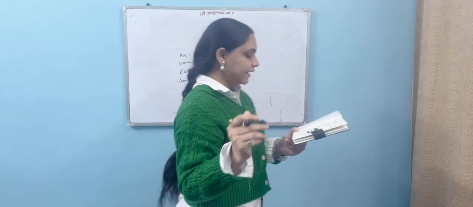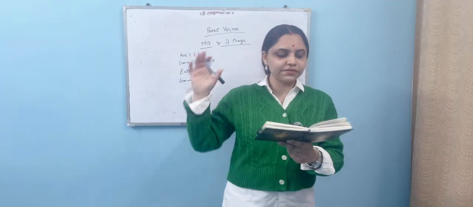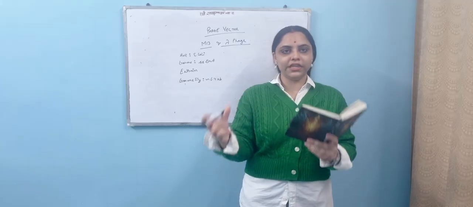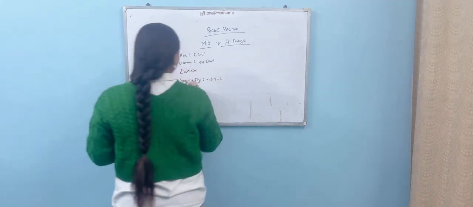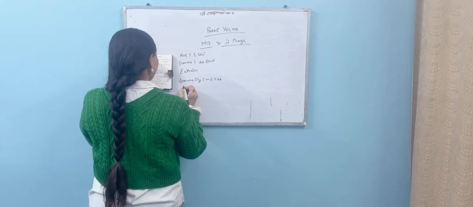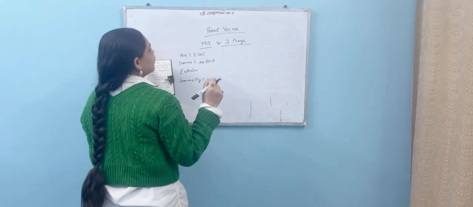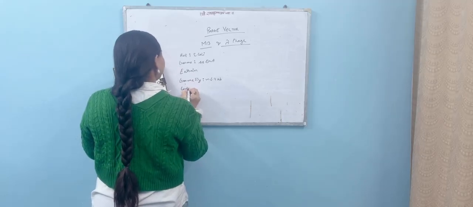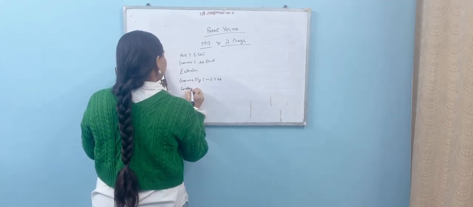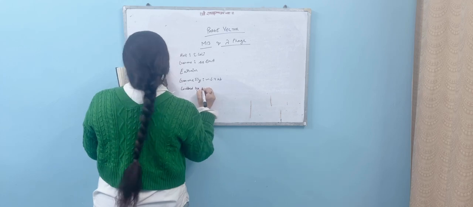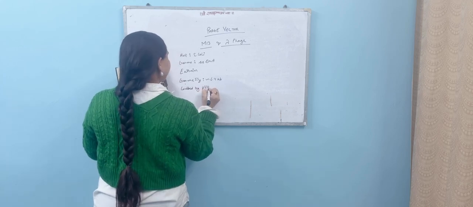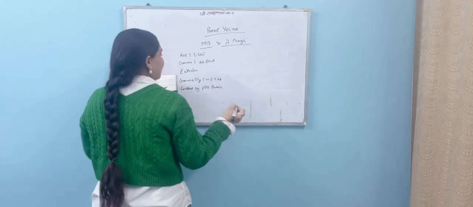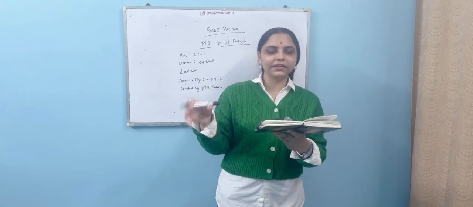Then this particular phage vector, M13, is majorly coated by the P8 coat protein. P8 protein. Is that clear to you?